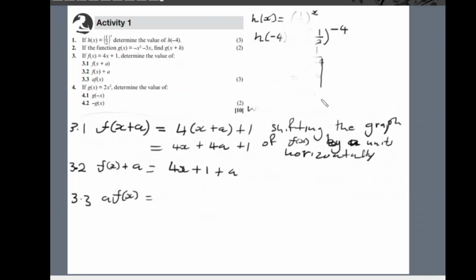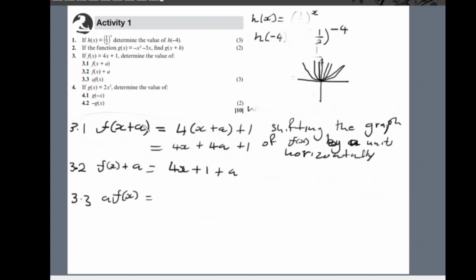So if the graph of f is a parabola which looks like this, and a is less than 1, when we are multiplying by a, we will be shrinking this graph. When a is greater than 1, we will expand the graph, right?